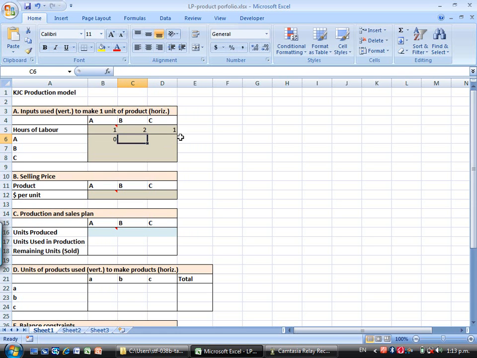Inputs used, product A in order to make one, we'll go down column A. Inputs of B to make A is 0, inputs of C to make A is 0. Now next column, inputs of A to make a unit of product B is 1, inputs of B to make B is 0, input of C to make a unit of B is 0. Now units of A to make C is 0, units of B to make C is 5 and C is 0.